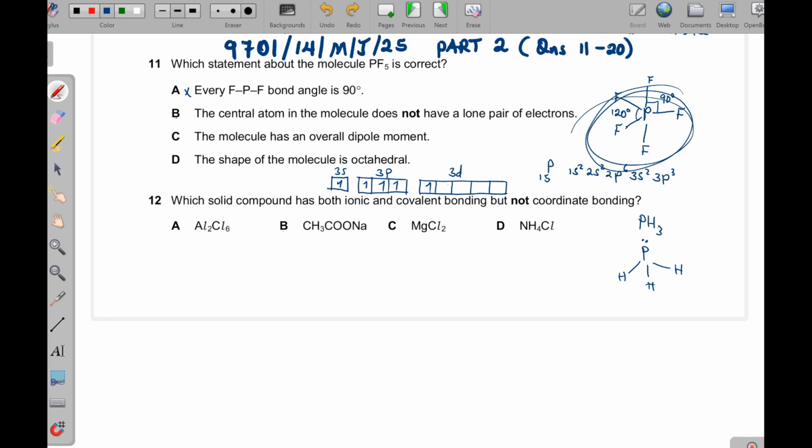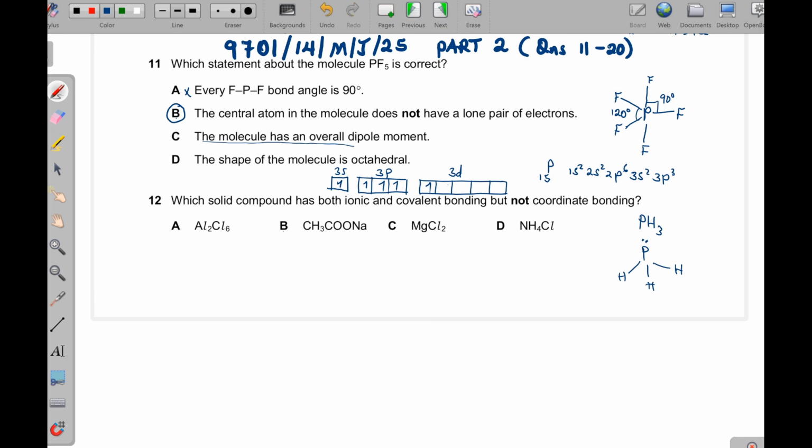This is hybridization: there has been an excitation of an electron from the s orbital to the d orbital to use all the 5 electrons. It is not like the case where there is a lone pair and the structure is trigonal pyramidal. So our answer might be B, but let's check C.